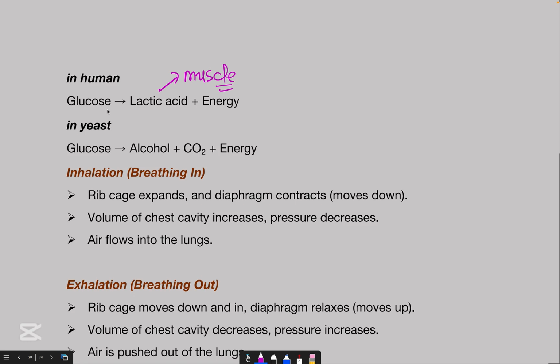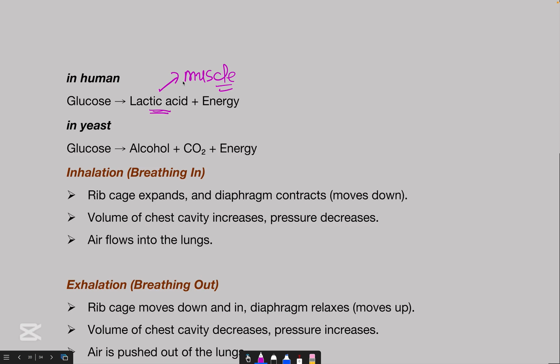Instead, because it does not have energy, it uses an alternative pathway whereby glucose is converted to what? Lactic acid. And this buildup of this lactic acid causes what? The muscle spasm, right? Exactly.